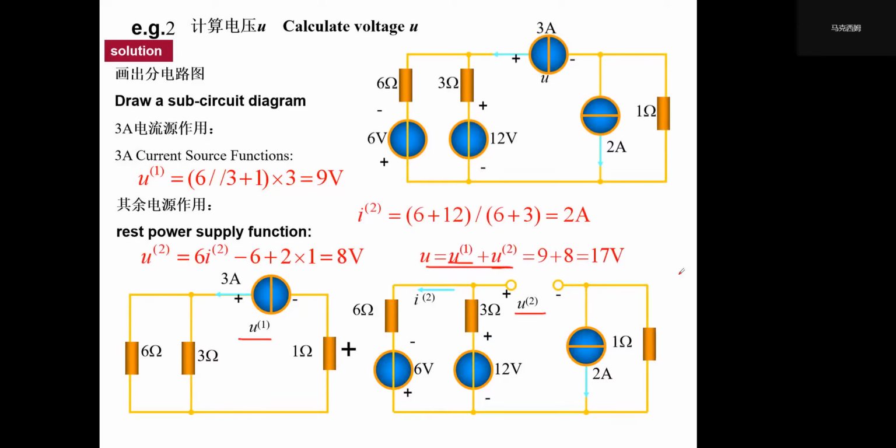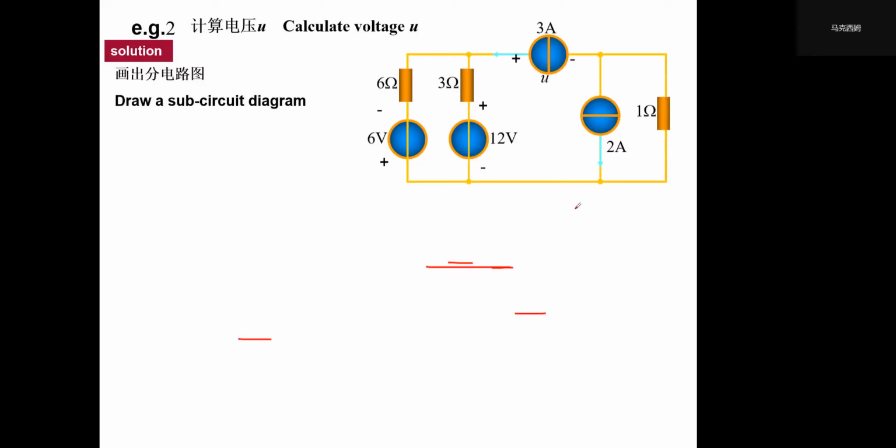But obviously, we can do it another way, right? We can transform this, and a much easier way to do it could be like this.